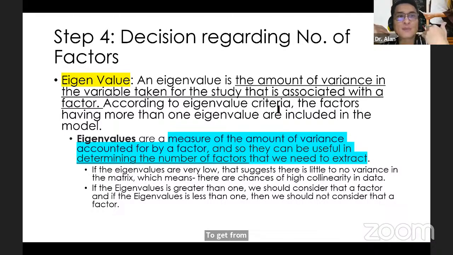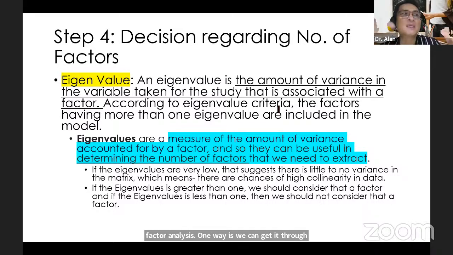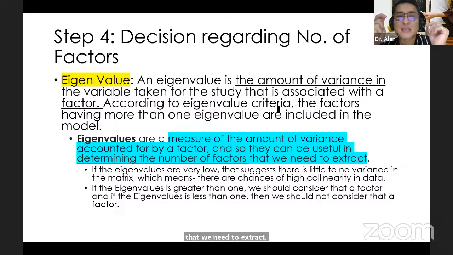One way, if using factor analysis, is to get it through the eigenvalue, because the eigenvalue refers to the amount of the variance in the variables taken for the study that is associated with the factor. Eigenvalues help us measure the amount of variance accounted for by a factor, so they are very useful in determining the number of factors we need to extract. You need to understand how to choose.